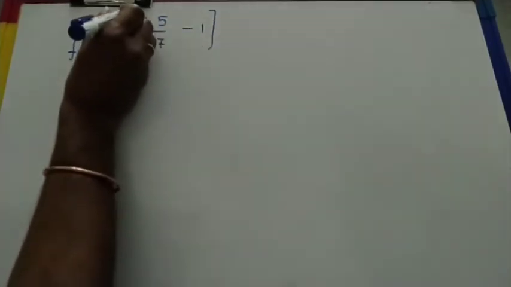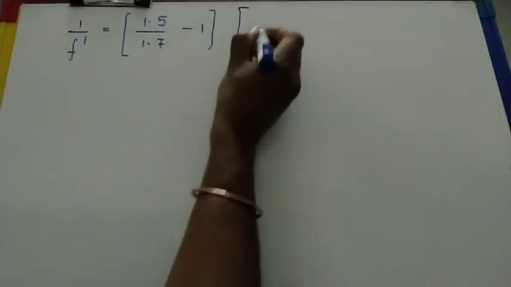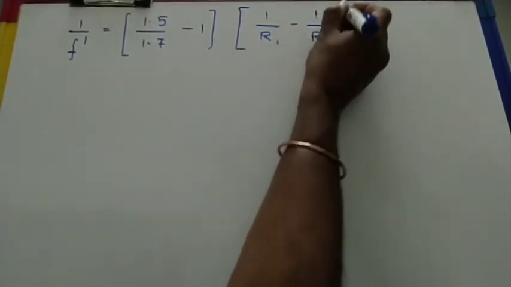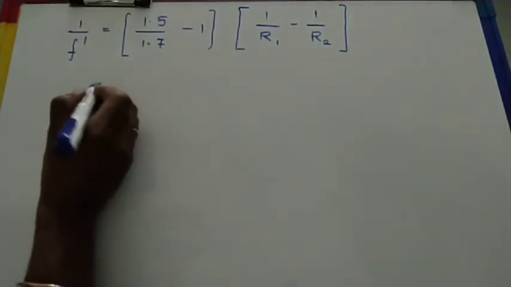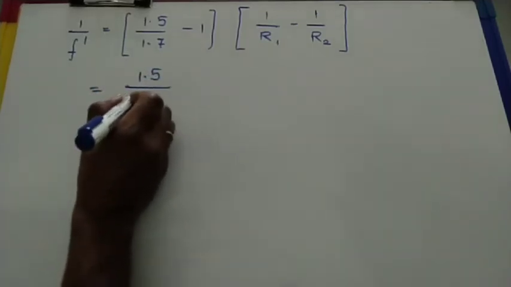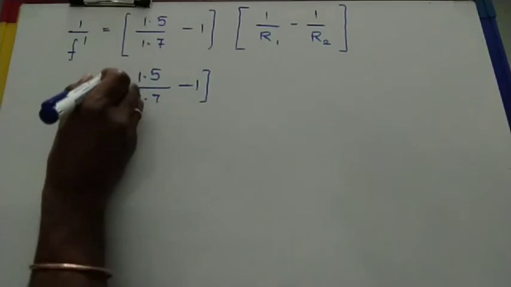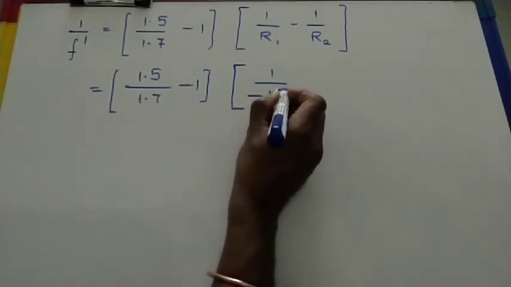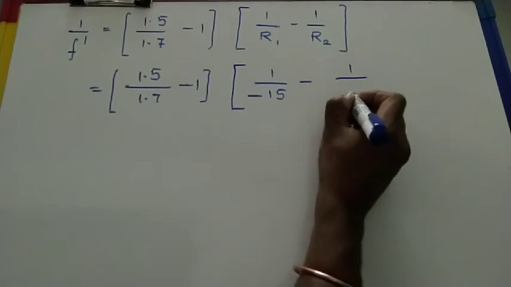That means we can write 1 by F dash is equal to 1.5 by 1.7 minus 1 into 1 by R1 minus 1 by R2, that is equal to 1.5 by 1.7 minus 1 into 1 by minus 15 minus 1 by plus 15.